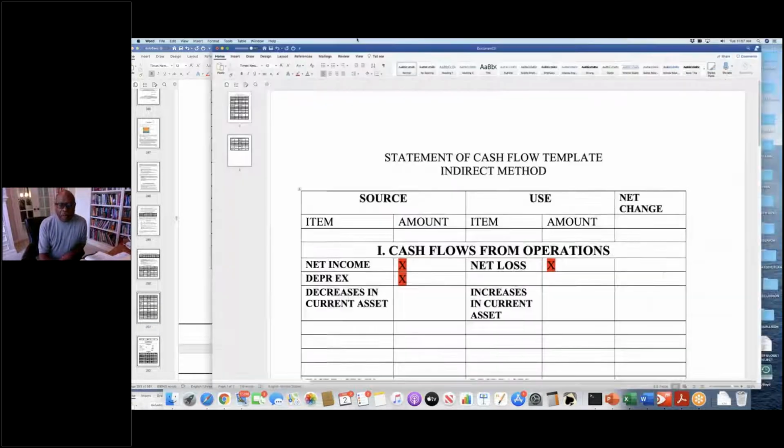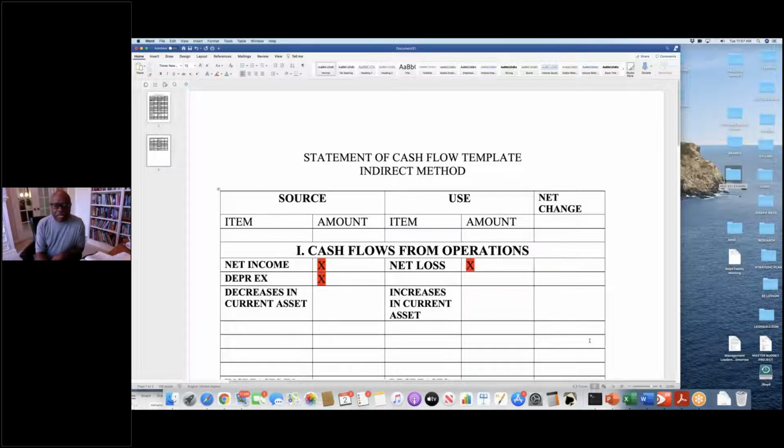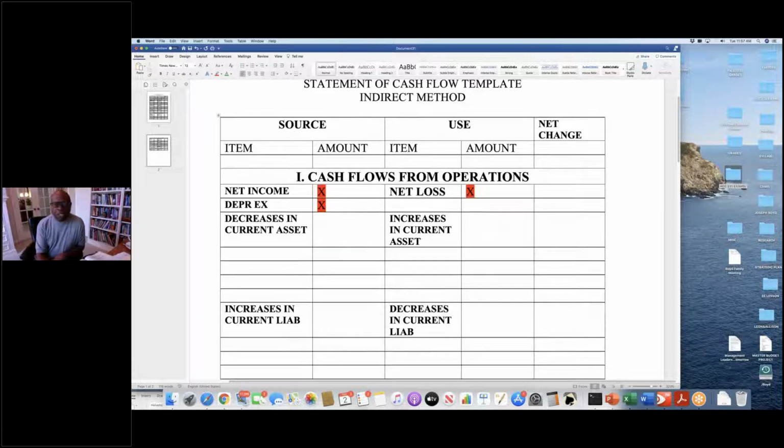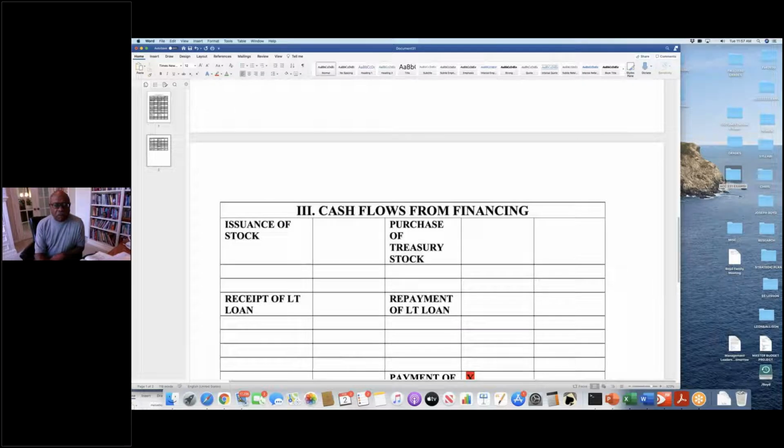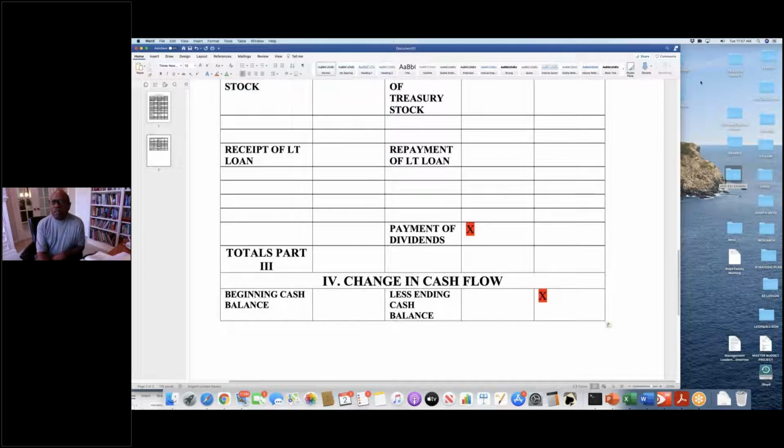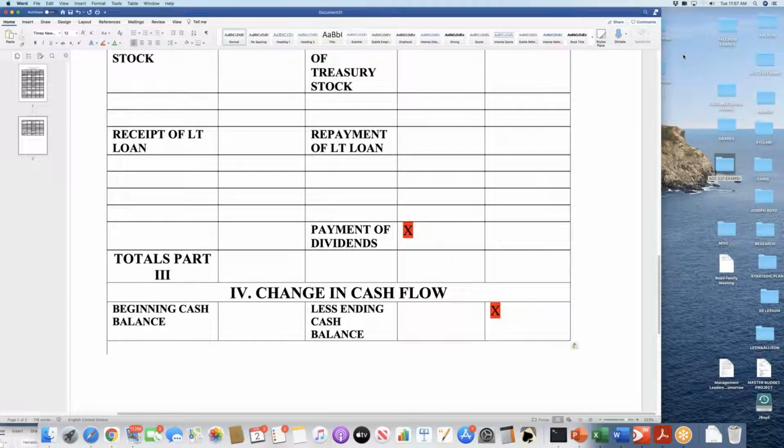So we have the problem. Hopefully everybody's looking at it and can go back and forth. I want y'all to do the first four things I told you to do, starting down here and going on. Can y'all do those first four things?